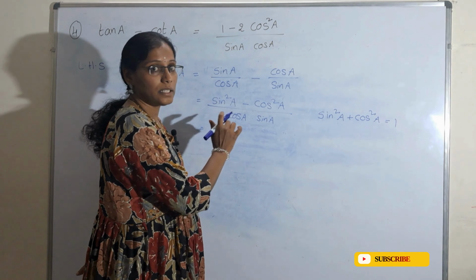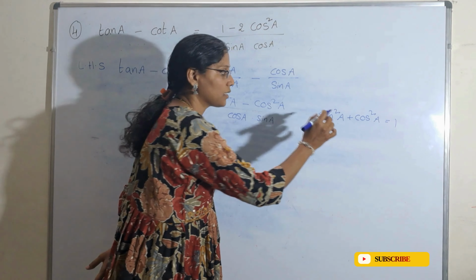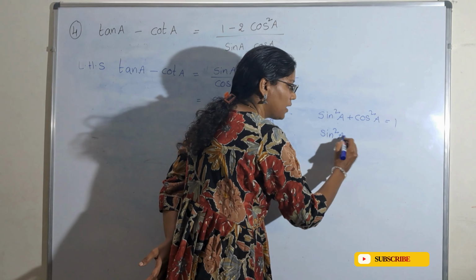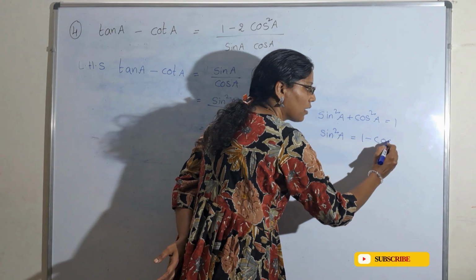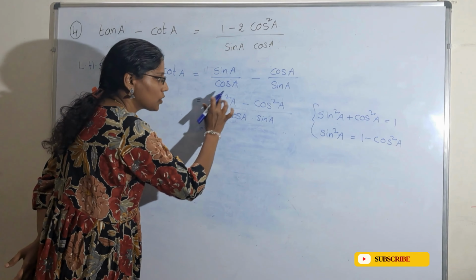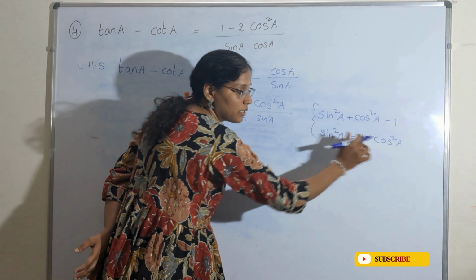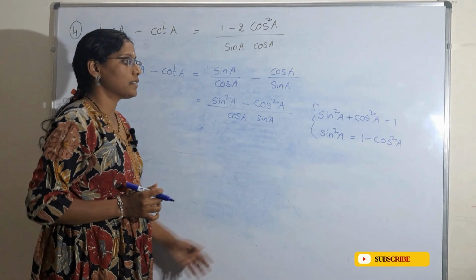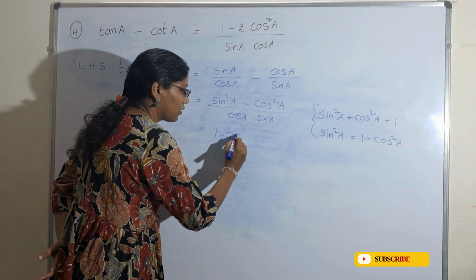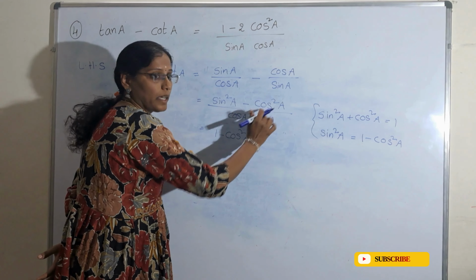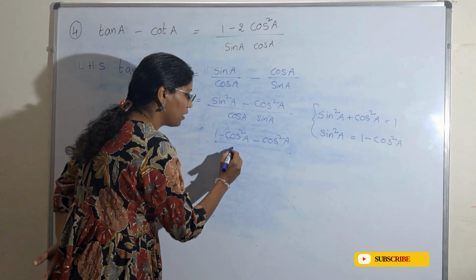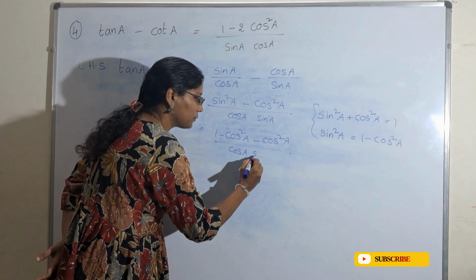Sending cos square A to the right side, sin square A is equal to 1 minus cos square A. Substitute there: 1 minus cos square A, minus cos square A, with the denominator as it is.